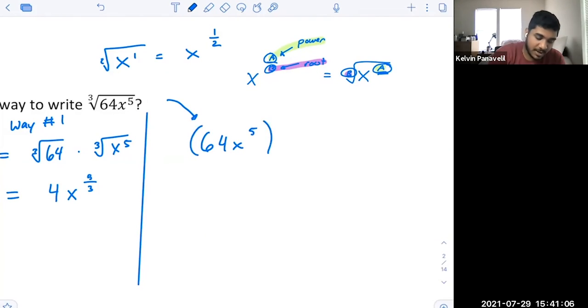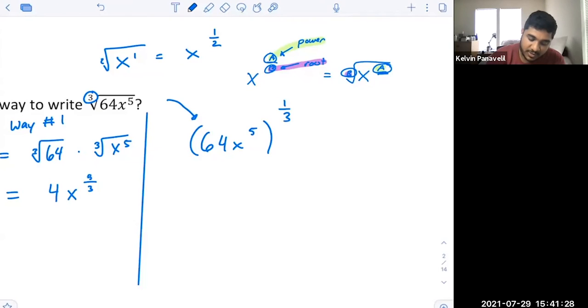The cube root is the same thing as raising it to what power? The square root is 1 over 2. The cube root would be raising it to what fraction? Really good, Christian. So it's the same thing as raising it to the 1 over 3.